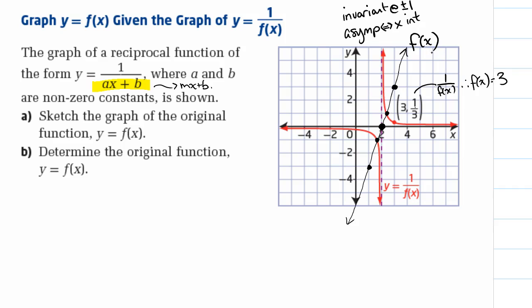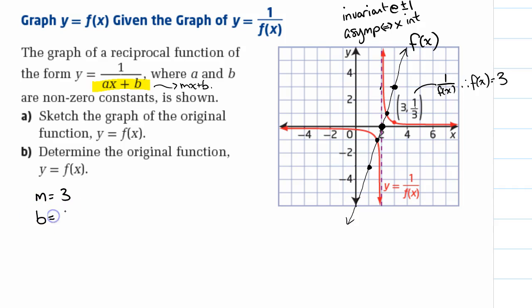Once we have the original function, writing our equation shouldn't be too terrible. We can figure out our slope by going rise over run. So rise is 3, run is 1, so slope is 3. I've extended my graph far enough that I can actually see where my y-intercept is, -6.